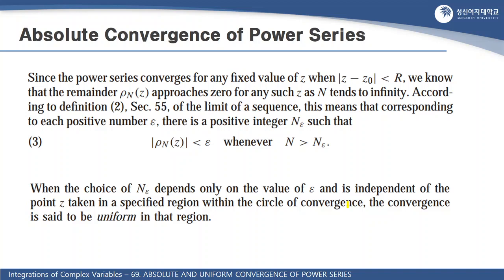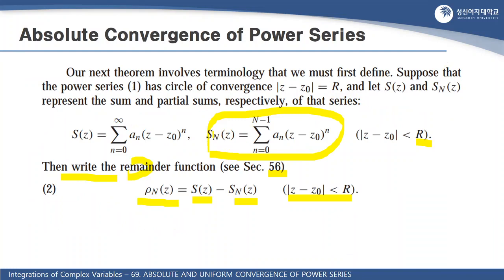Since the power series converges for any fixed value of z when the absolute value of z minus z naught is less than large R, we know that the remainder R sub N(z) approaches 0 for any such z as N goes to infinity. Just by definition, we can see this easily.